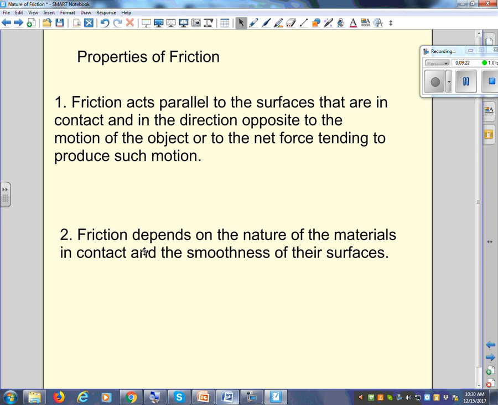It'd be like a suction kind of thing. You're absolutely right. There's that sort of vacuum of the air pressure. There's also talk that they're so smooth that they're so close together on a microscopic level that you've got intermolecular forces attracting. But for the most part, smoother things have less friction.